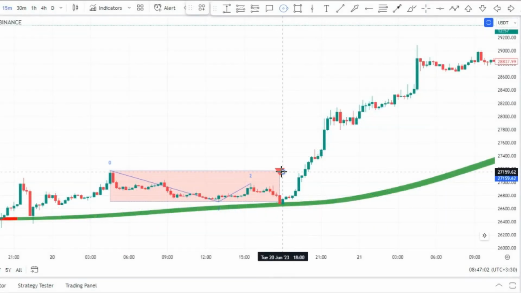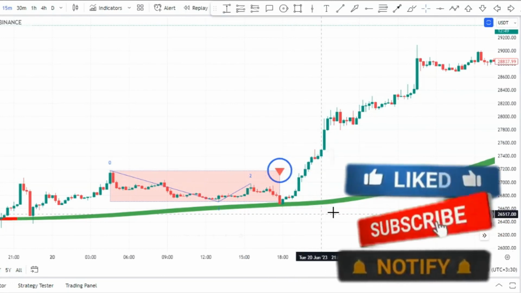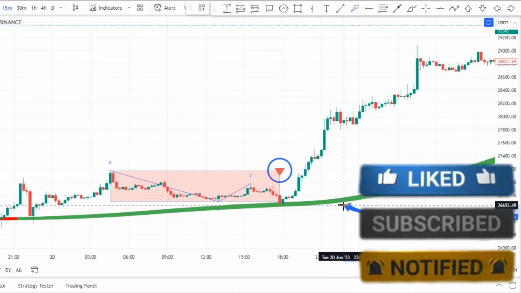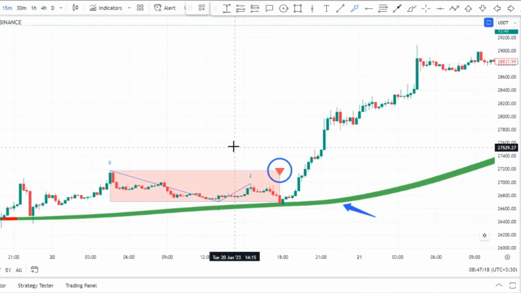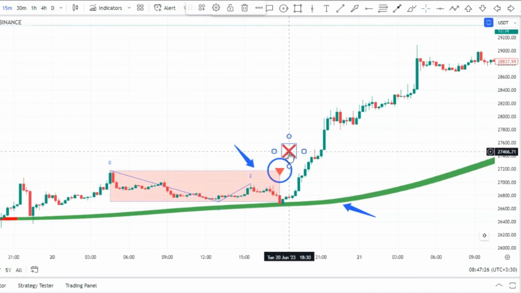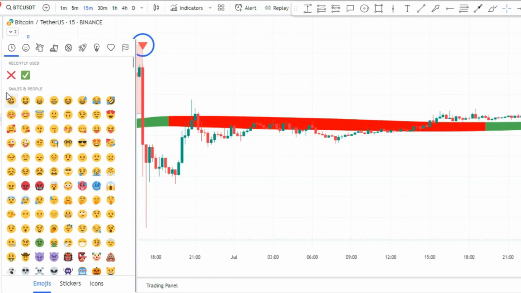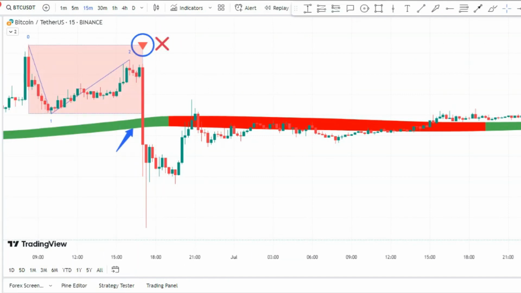In this example, based on the indicator color and the price position, we are looking at an upward trend. Therefore, the sell signal gets filtered out, preventing potential losses. Moving on to the next example, even though the indicator color is green, we still have a sell signal, so this signal also gets filtered out.